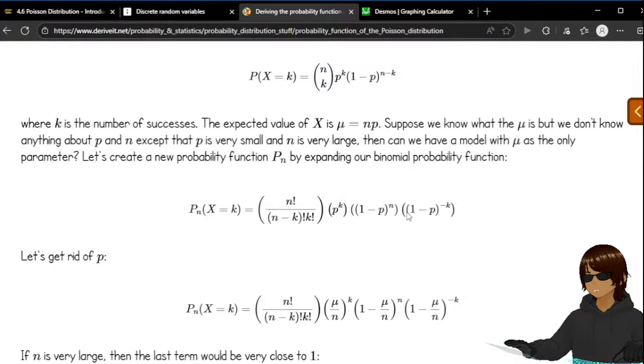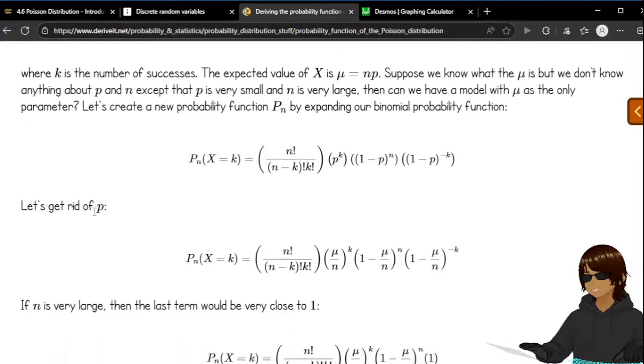I think the brackets make it more confusing. Let's get rid of the p, p to the power of k. So we are writing p in terms of mu, right?